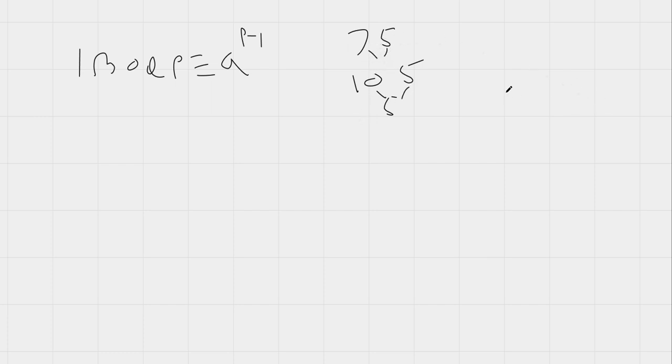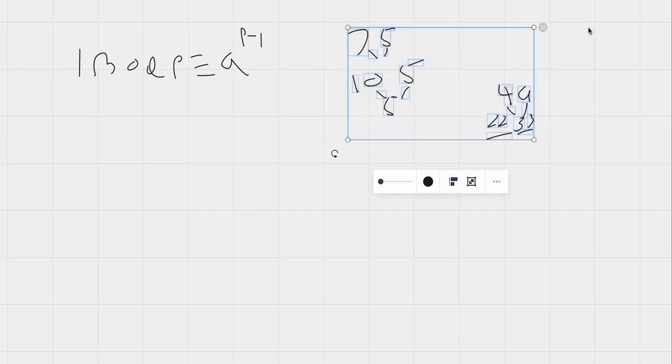It doesn't need to be prime numbers either, right? 4 and 9 are also relatively prime because they have no common factors, right? 2 times 2, 3 times 3. So in this case, they would also be counted as relatively prime. So under this formula, what we can see is a very nice property.